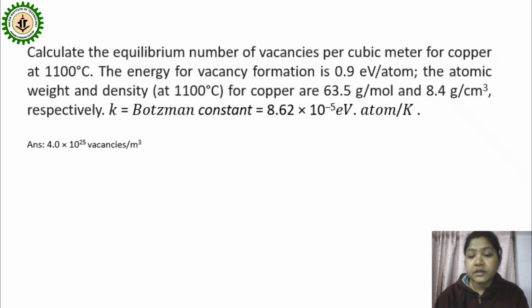K is the Boltzmann constant, whose value is given here. If you put the values in the previous equation, you will get the equilibrium number of vacancies per cubic meter, and you only have to maintain the units. The answer will come 4.0 × 10^25 vacancies per meter cube.